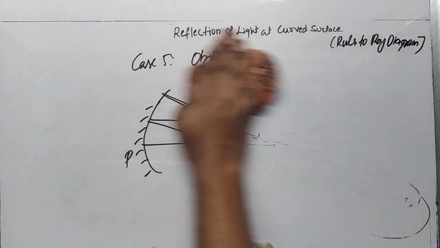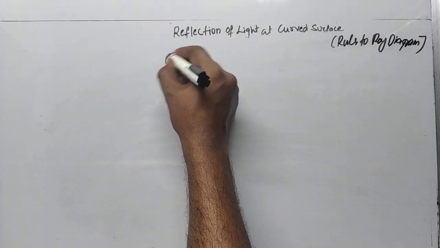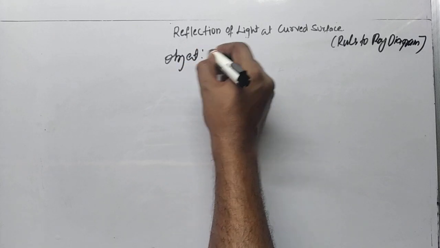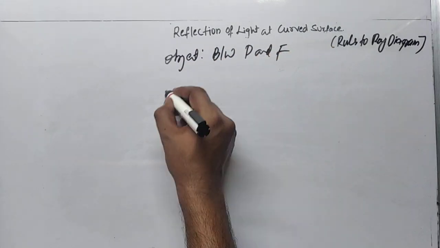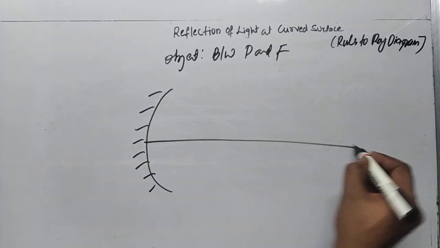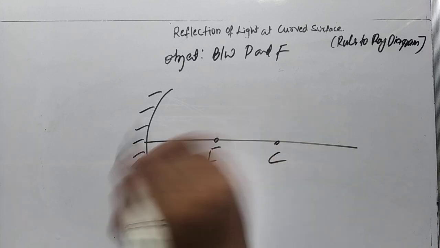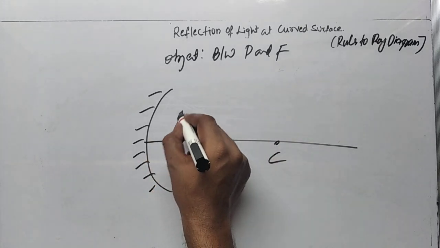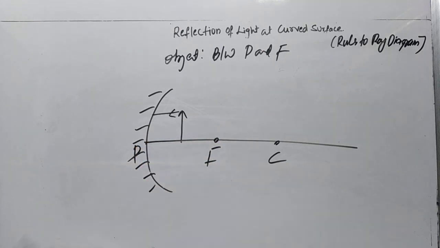Okay, next, the last case is very important. We will be placing an object between pole and focus. So this is a concave mirror, focus, center of curvature. We place an object between pole and focus. Again we take a ray parallel to the principal axis.